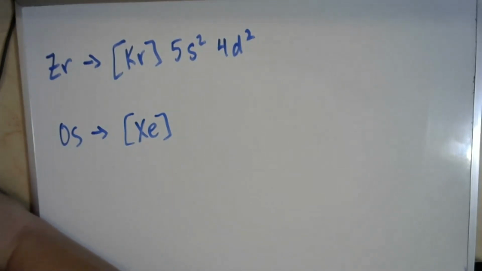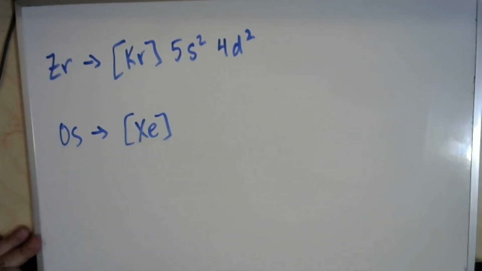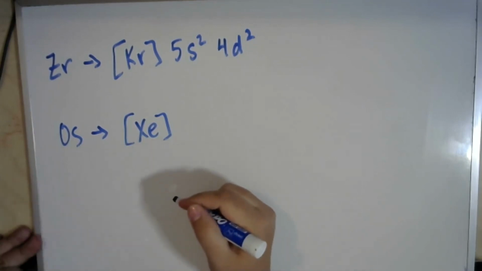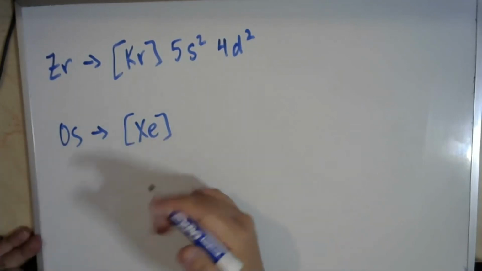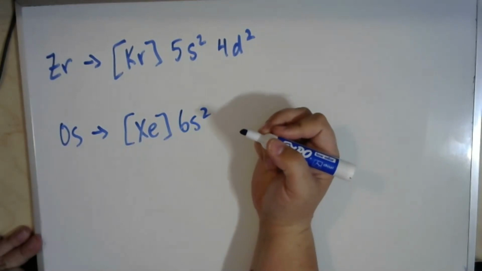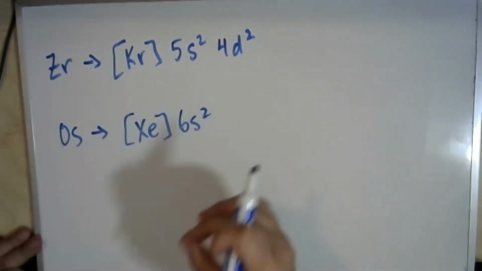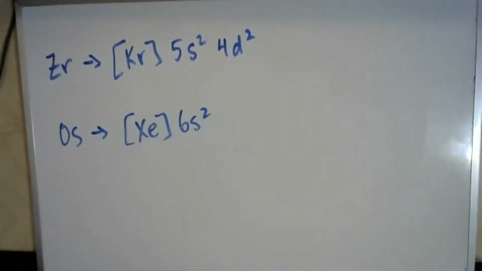All right, and then I'm going to use my periodic table to count all the electrons that are used until I get to osmium. Okay, so osmium is in the 6th row, which means I'm going to start with the 6s2 electrons. Okay, and then I'm going to run into my lanthanide series.